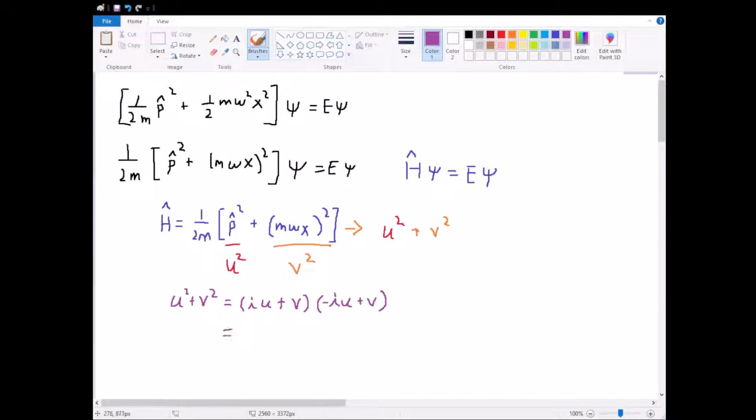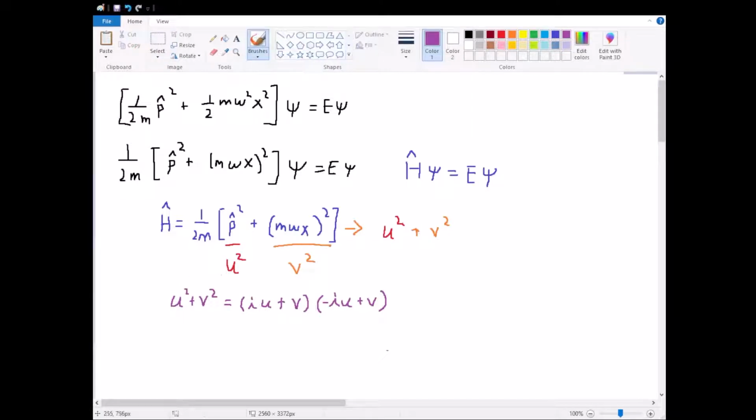The first term is going to be u squared, and then we have plus iuv, and then we have minus iuv, and then we have plus v squared. So these two middle terms cancel, and we have u squared plus v squared. So this is a true property as long as u and v are just numbers.